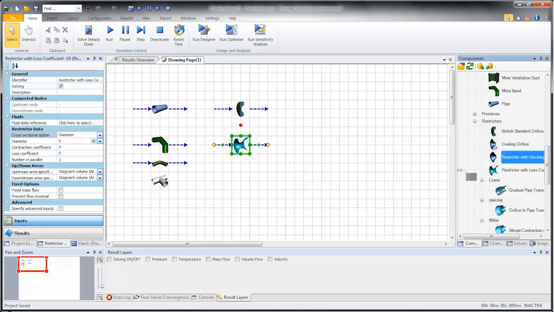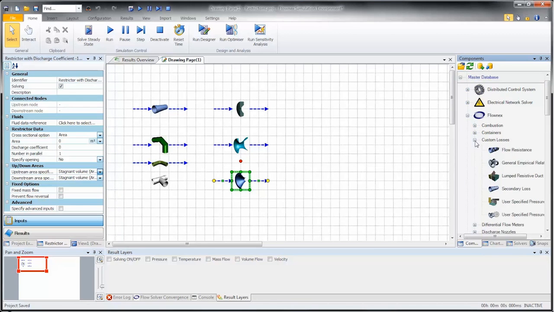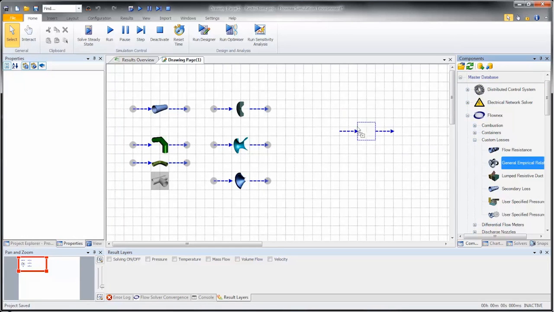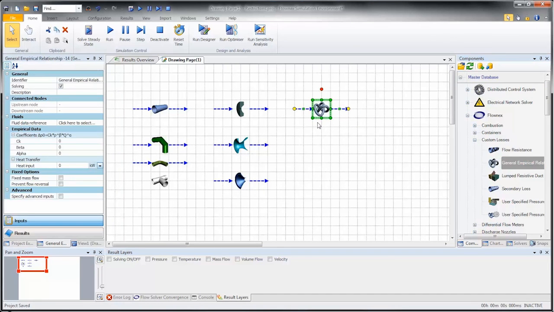The restrictor with discharge coefficient, which is a simplified version of the previous one and is to be used at the outlets of pipelines to atmosphere or large reservoirs, as well as pipeline diameter adapters from the Crane, Idelchik and Miller textbooks.